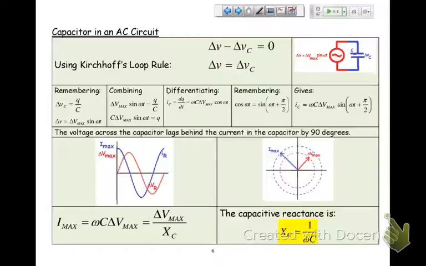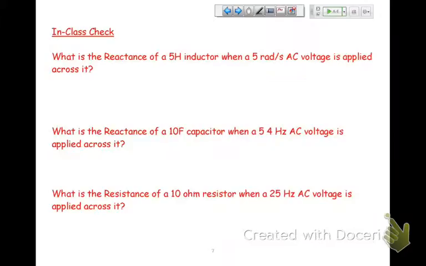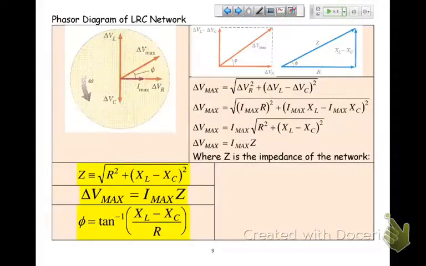And when you're doing the capacitor, the voltage is behind the current by 90. So later on, I'm saying the voltage will be in front by 90 for the inductor. The voltage will be behind by 90 for the capacitor. And so when I come over here, my reactance for the inductor will always be up front, and my reactance for the capacitor will always be behind. So it's always going to have that pattern.